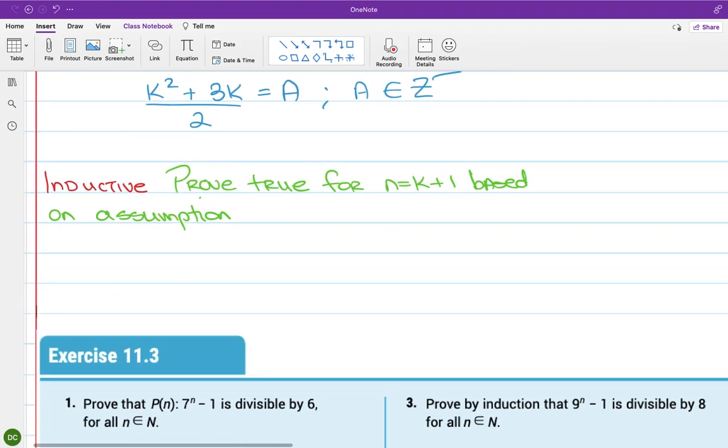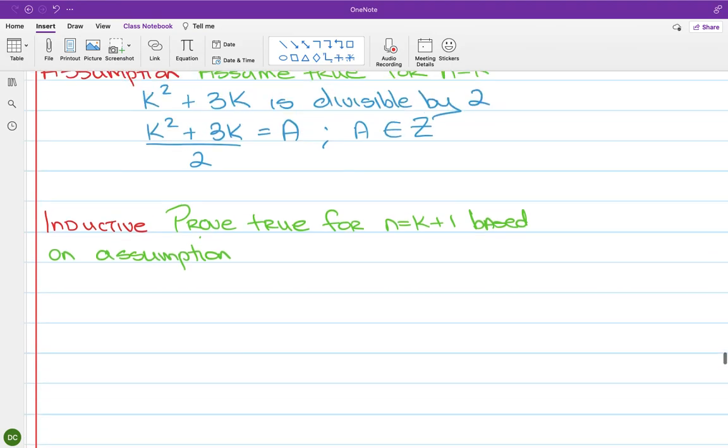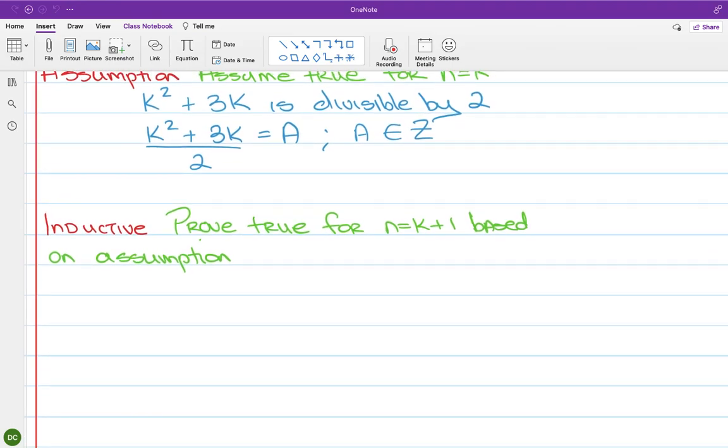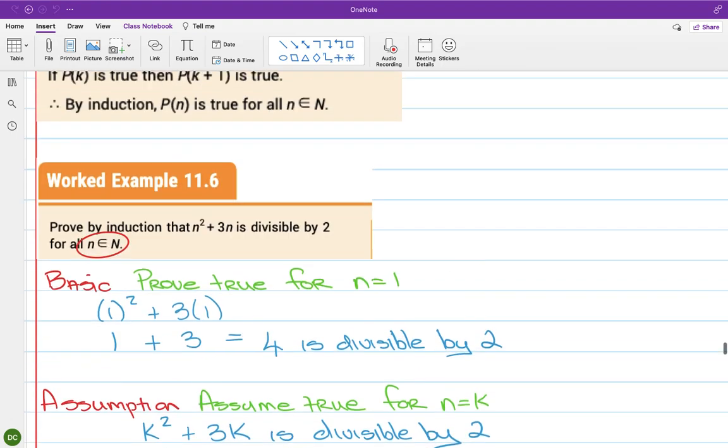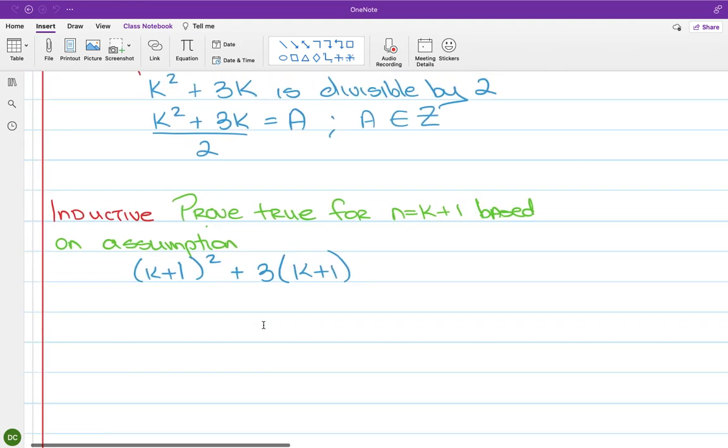Okay, sorry, I don't have enough space for any of these. Okay, so just so I can see it there. So k plus 1 is going to be k plus 1 squared plus 3 times k plus 1. Yeah, that's the statement. n squared plus 3n. So, okay, right.